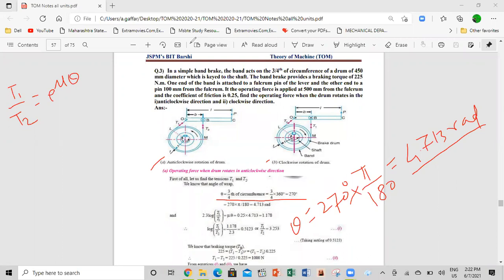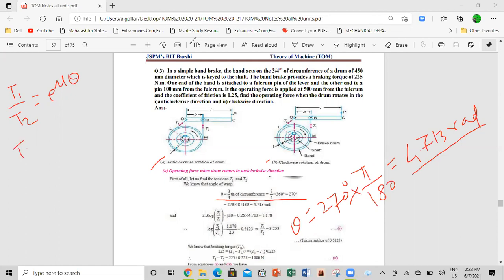We know the value of mu, the coefficient of friction, is 0.25, and the angle theta in radians is 4.713. So put these values in this formula.